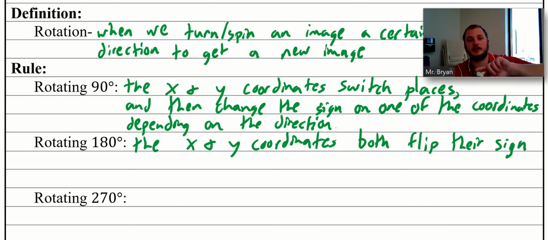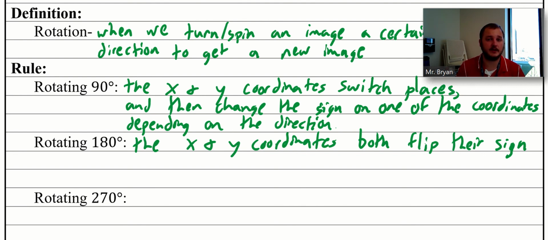If I go 180 degrees around the origin, it's basically like going half of a circle, because remember a full circle is 360. So if I go half of that way, the points are going to end up on the opposite side. If you start in the bottom left and you end up in the top right, the only difference is the coordinates are going to have different signs. So if they're both positive, you change them to negative, and vice versa. That's the only thing that you need to do for rotating 180.